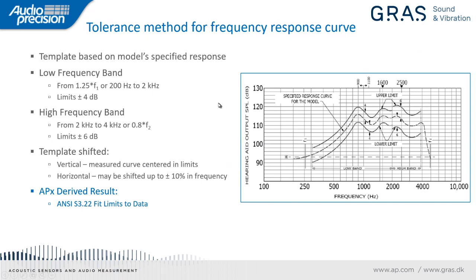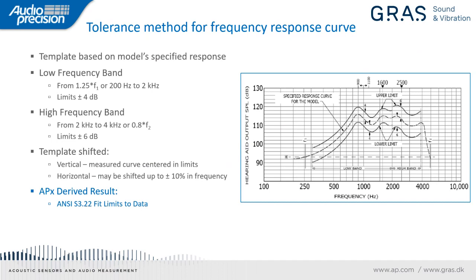Now, the way this is specified in the standards, these were written many years ago when people used transparencies, and the idea was you would draw the limits on a transparency at the same scale as your measured curve. You would then put the transparency over top of the measured curve, adjust it vertically until the measured curve is centered within the limits, and they also allow you to adjust the curve horizontally in frequency, up or down, by as much as 10%.